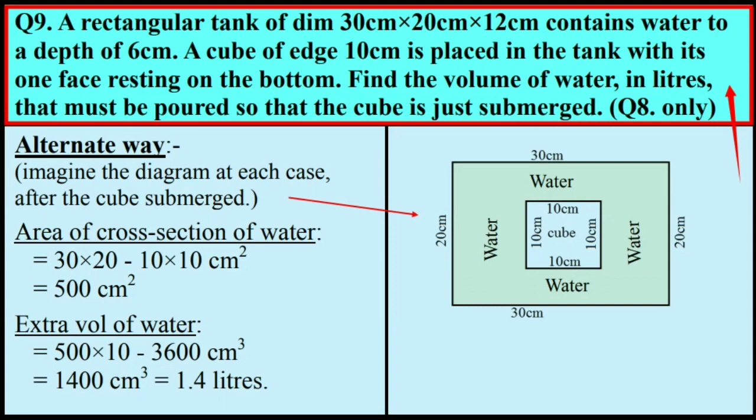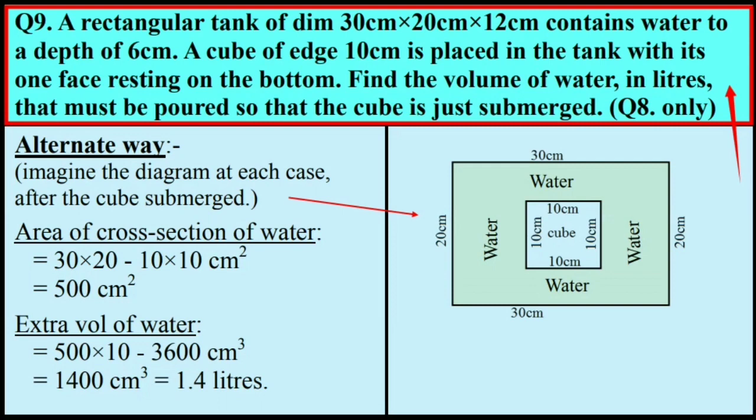Find the volume of water in liters that must be poured so that the cube is just submerged. It is question number 8 only, but let's see what difference is there in this solution. Initially, a certain amount of water is already there in the tank, and a cube is placed in the tank such that its one face rests on the bottom.